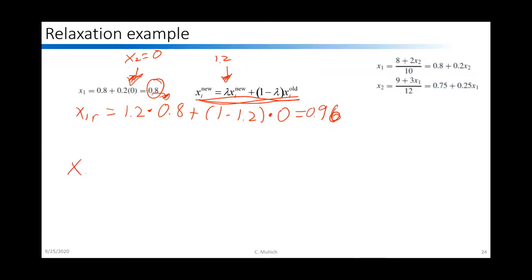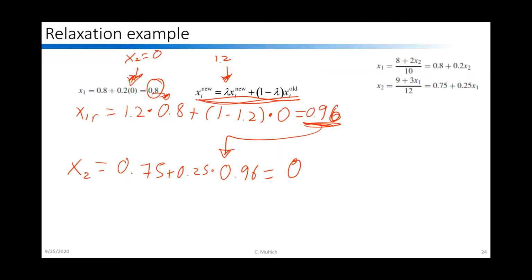And we're moving faster away from that initial guess. We can do the same thing with x2 and say x2 is 0.75 plus 0.25 times x1. Well, we should use our best guess for x1, so that's that relaxed value. I'll just drag that down here, times 0.96. And that's going to give us our new best estimate for x2, which is 0.99.